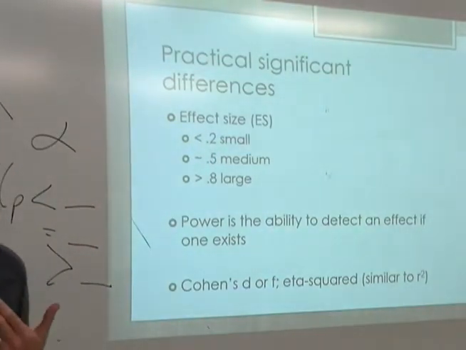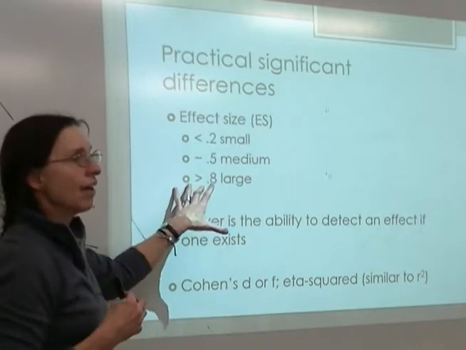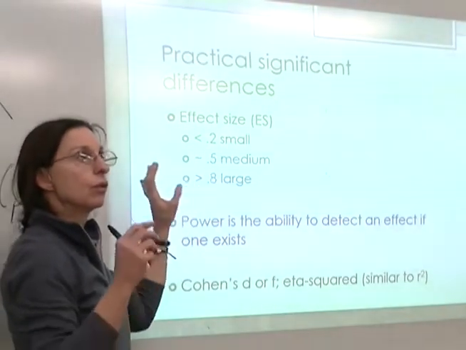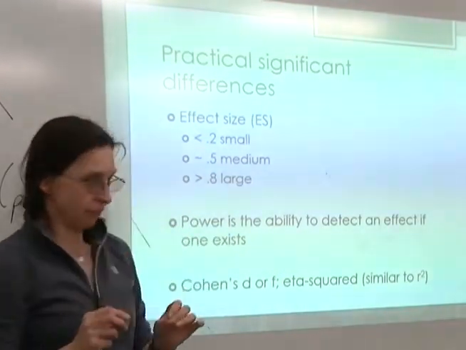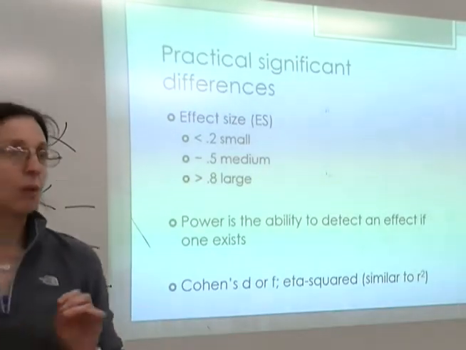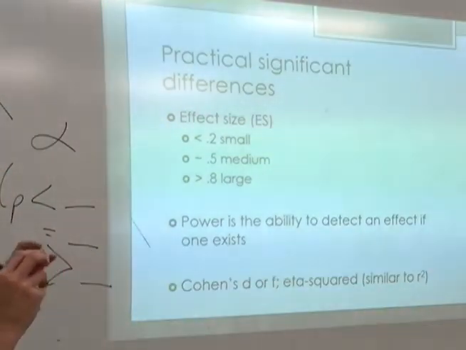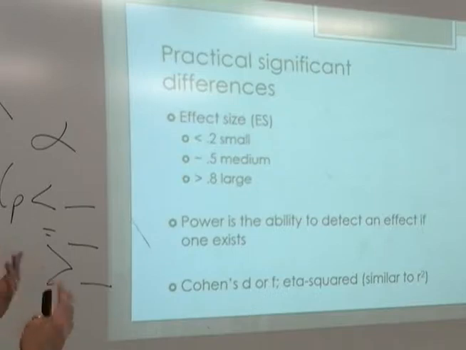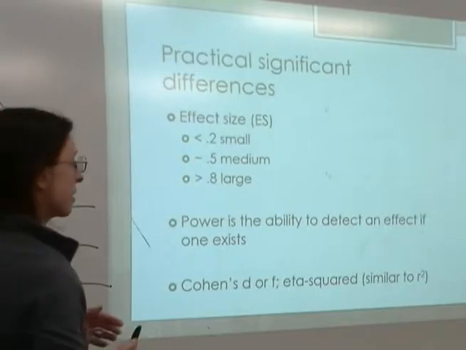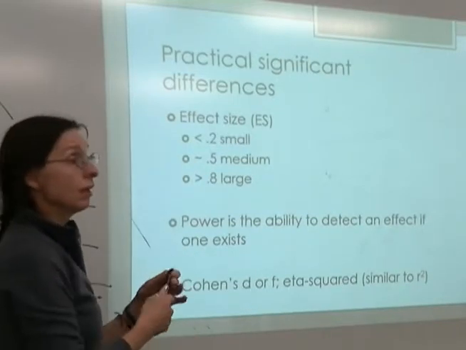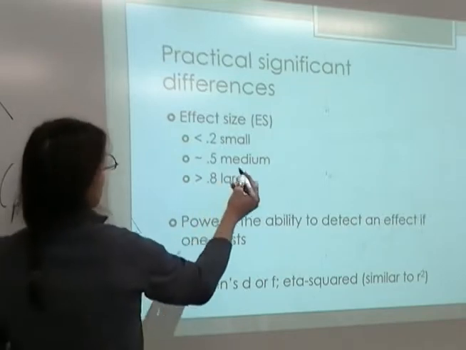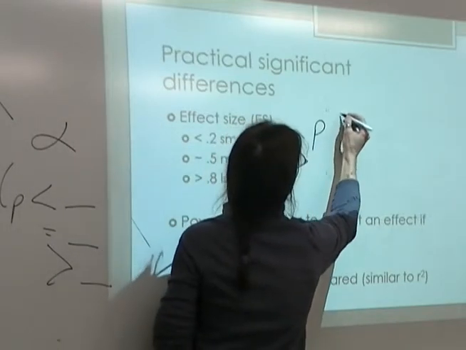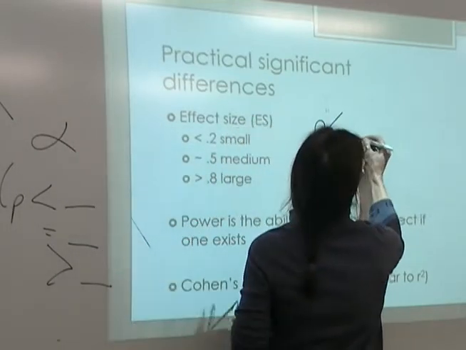And technically what that means is I can have mathematical significance without having a practical situation that's useful, right? So I could get P, my P could come out at 0.48.